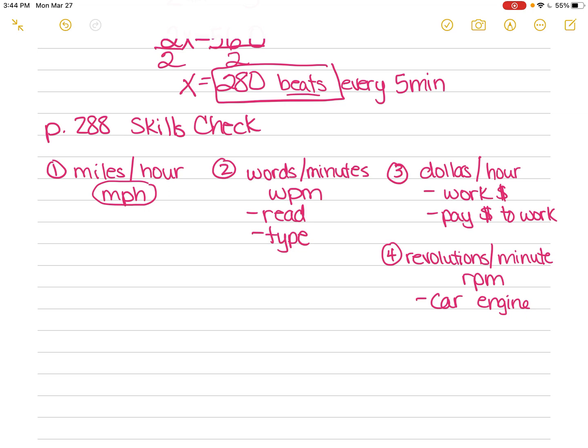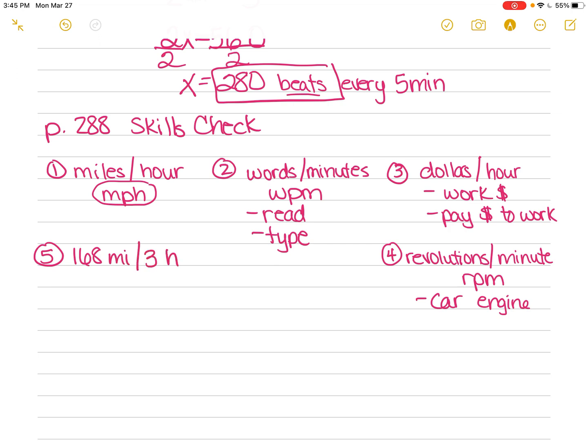Okay, next 5 through 8 on here are simplifying each rate, and then they have a solving section. So what I want you to do is on 5 through 8, it says simplify each rate. That means make them into one. So like on number 5, we can do that one together real quick. It says 168 miles in 3 hours.